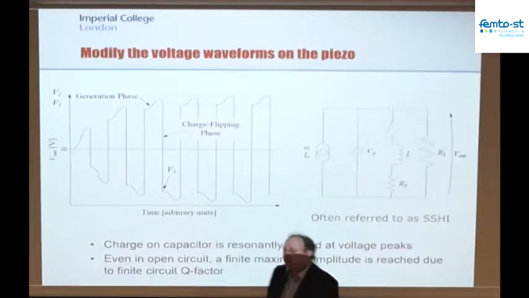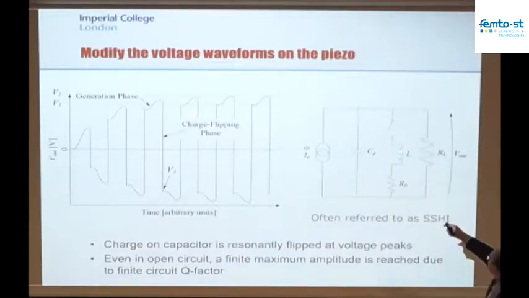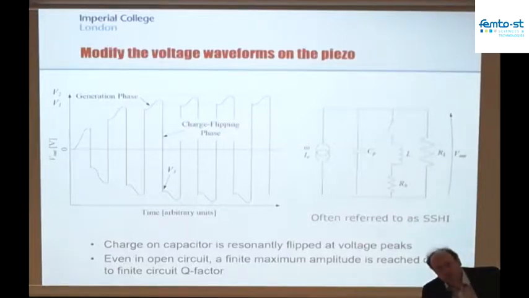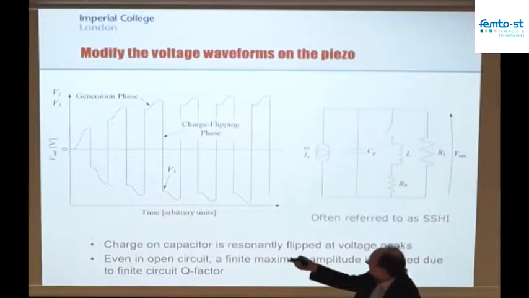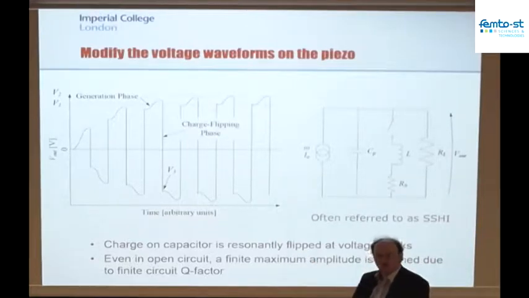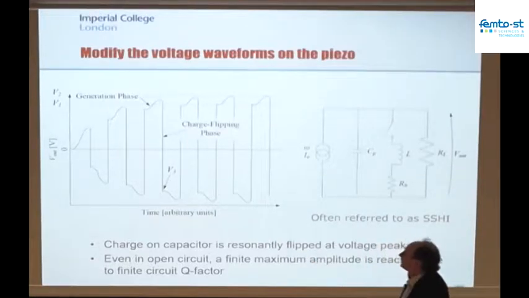If at that point I now close a switch with an inductor onto that capacitor, and I allow the charge on that capacitor, which was giving me plus V, to now invert itself through this resonant circuit, so I go from plus V to minus V. Now, when that piezoelectric material moves down, the voltage decreases, it becomes more negative, but because I'd started it from a negative point, the amplitude of the voltage builds.